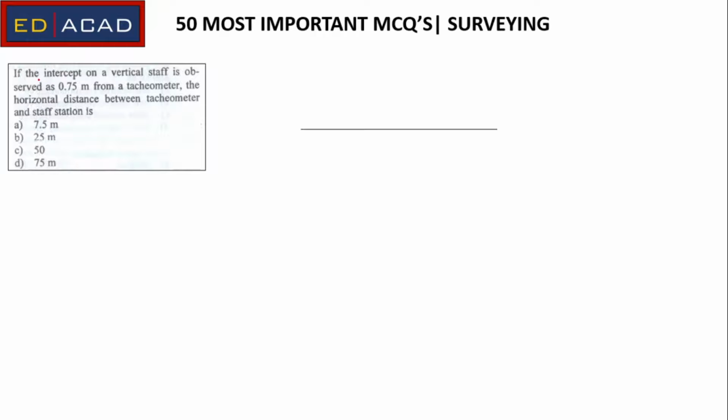Okay, so if the intercept on a vertical staff is observed as 0.75 meter from a tacheometer, the horizontal distance between the tacheometer and the staff station will be, okay, so they are asking D, and we have the formula D equals Ks plus C. I assume you would have studied this. D equals Ks plus C, where K is the multiplying constant and C is the additive constant.